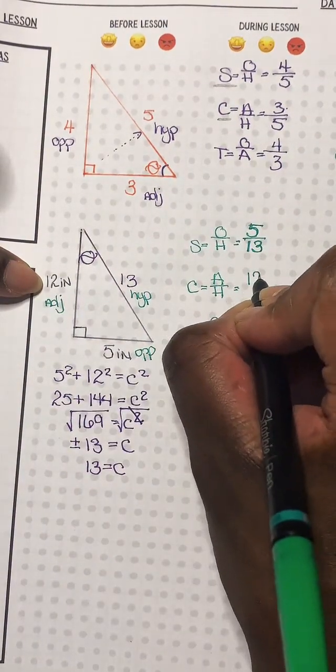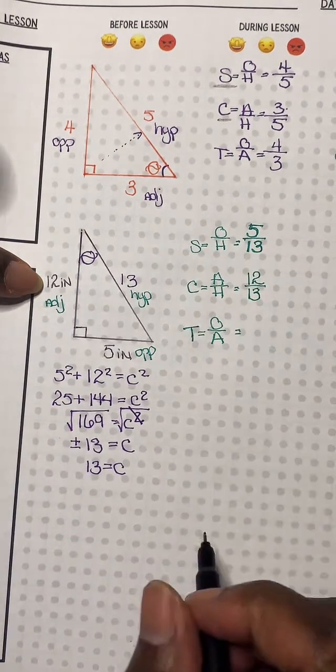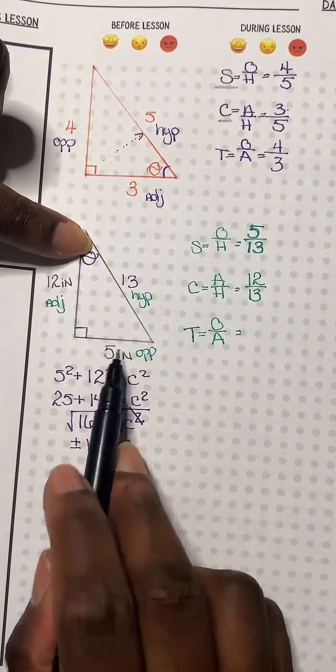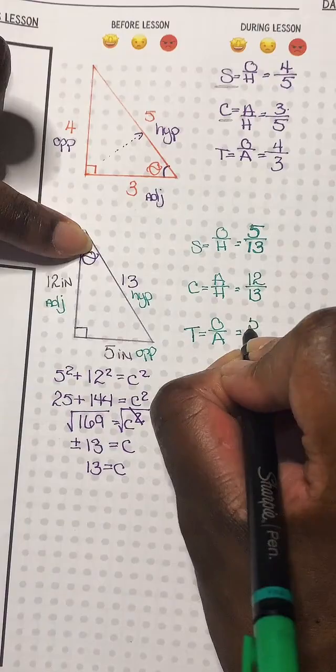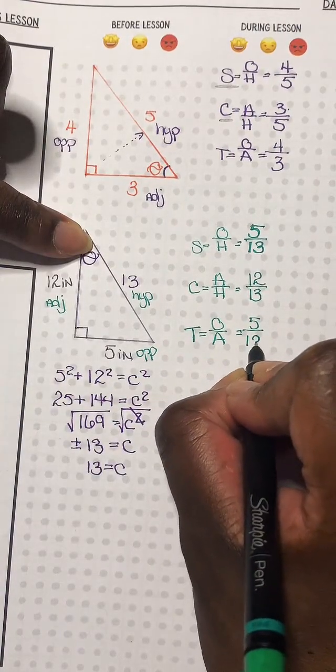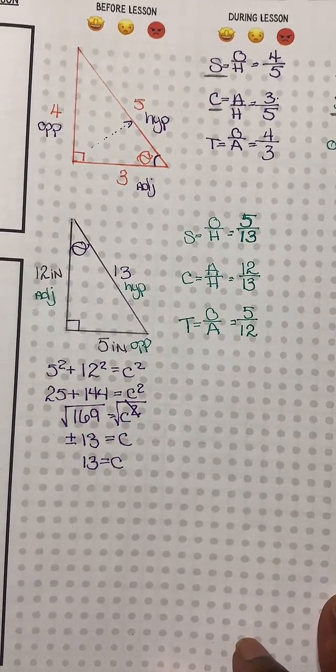So that is your 12 over 13. And your tangent is your opposite, which is 5, over the adjacent, which is 12.